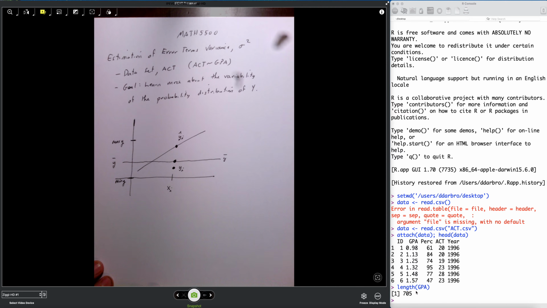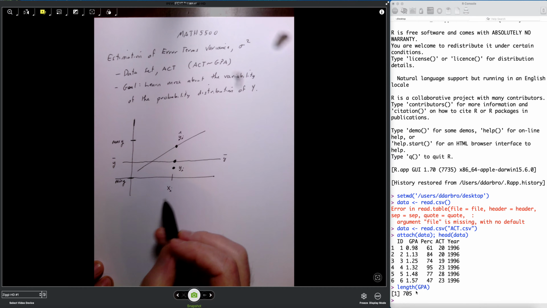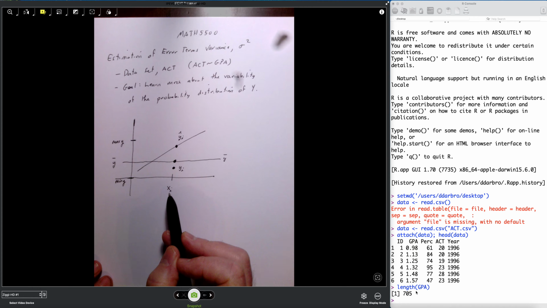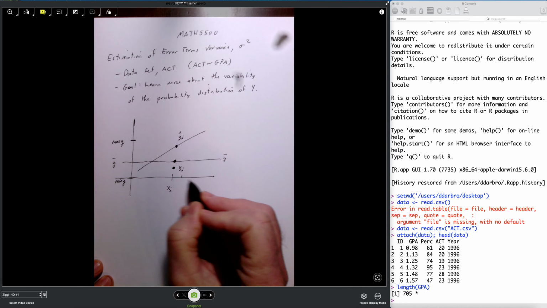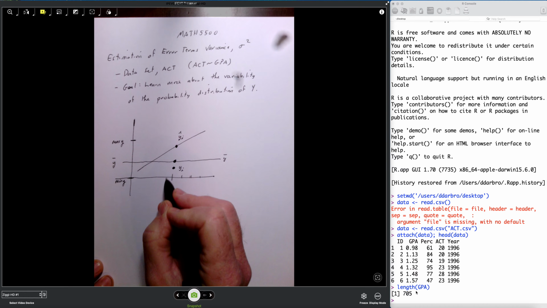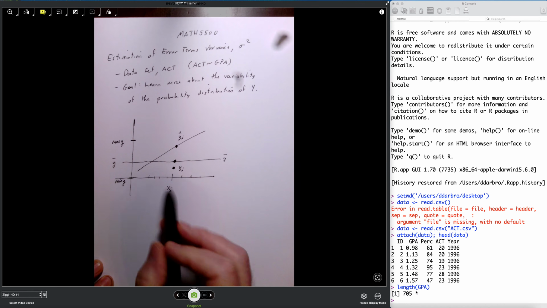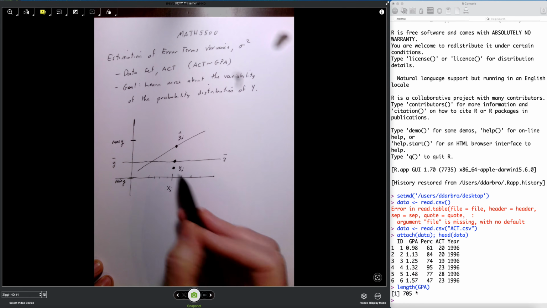Now, the first thing I want to do, well, obviously you have a really, really dull data set if you only have one observation. So we have other x's, and of course create our model. And with other x's, we have other y sub i's too.